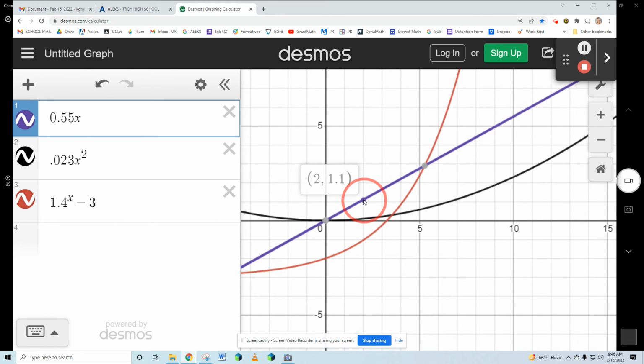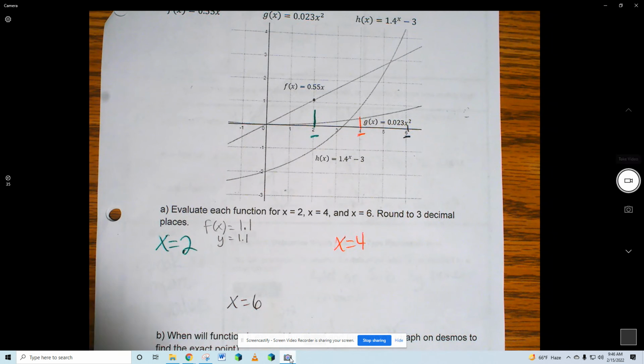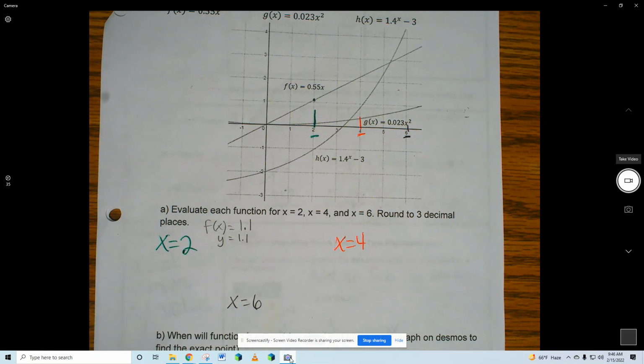Did you all get 1.1? Do you understand what I'm doing? If x is 2, what is y? 1.1. I know this is taking a while, but I wrote that f of x equals 1.1. Y was 1.1.